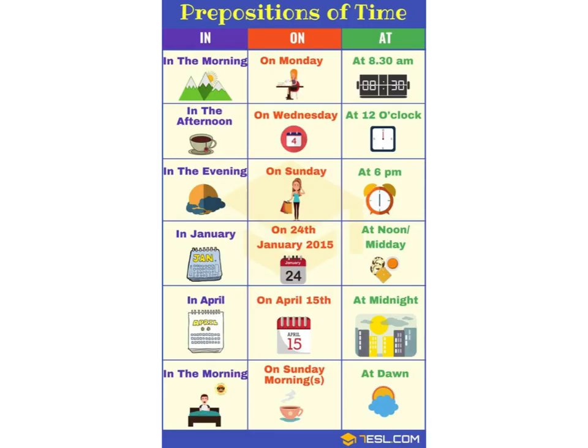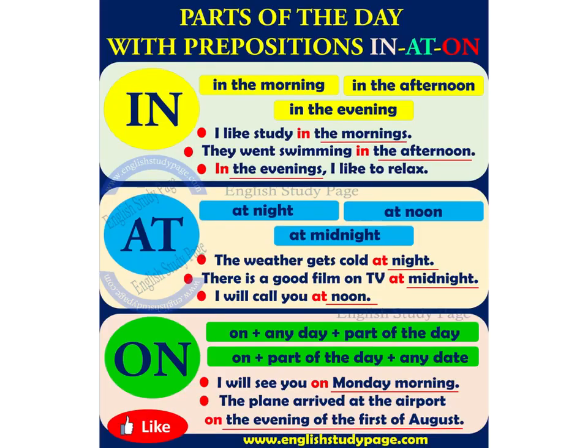This is looking at some more examples for in, on, and at. The one thing I don't like about this slide is I want to switch these. We like to teach in, on, and at as in first, on second, at third. We'll talk about that tomorrow.